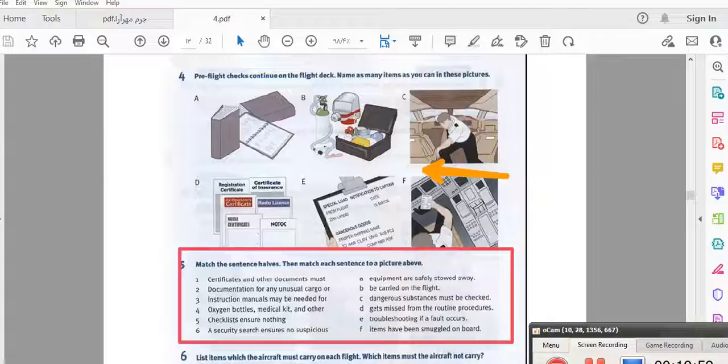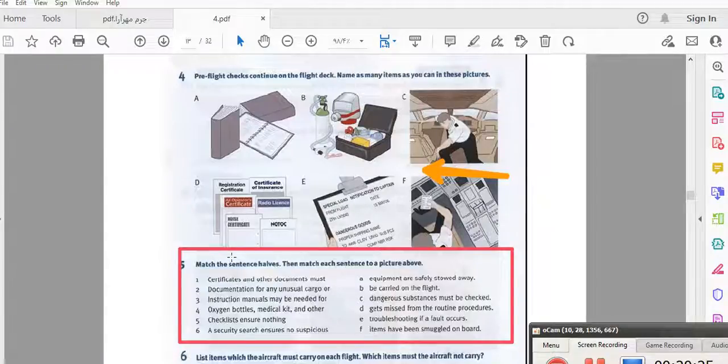Here you can see the pilot checking the airplane, for example in cases of emergency, or to avoid smuggling, carrying something which is not allowed on the plane. The pilot should check it before the flight starts.